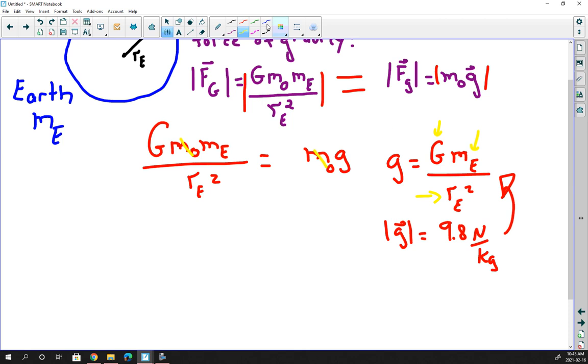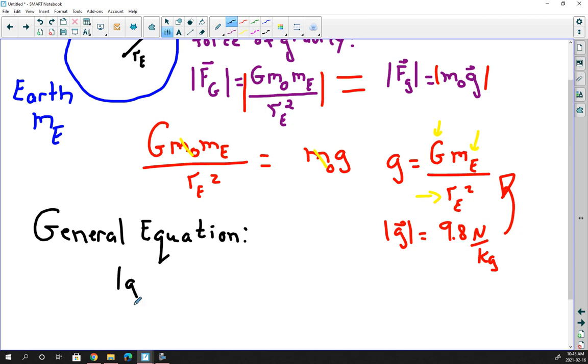So what we can now do is come up with a general equation, and say, if you ever want to calculate the gravitational field strength when you're on the surface of any planet or any moon, right?